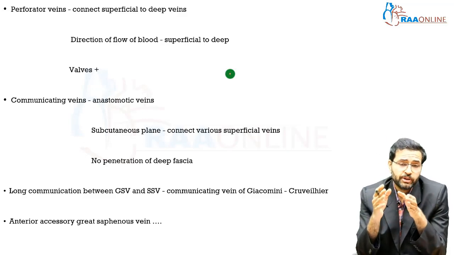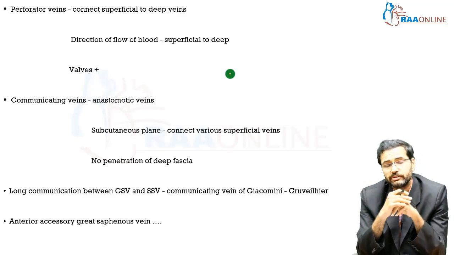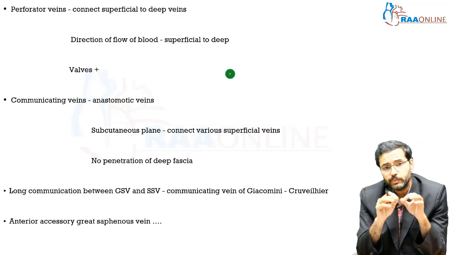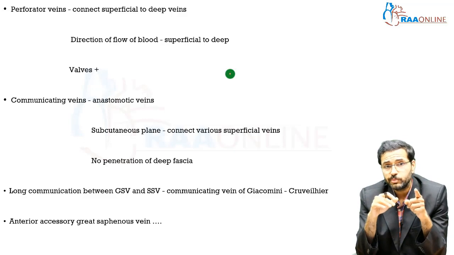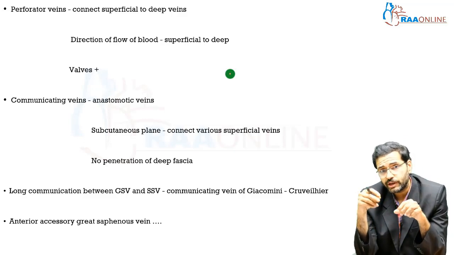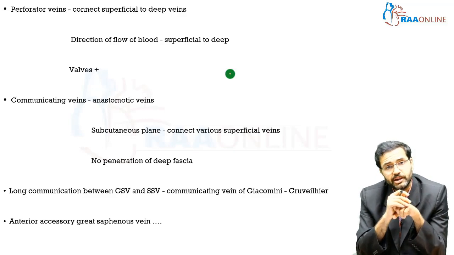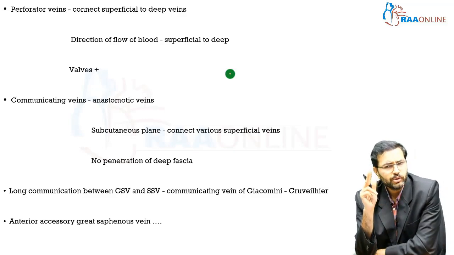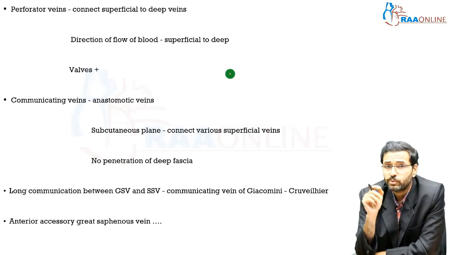Other than the perforator veins, you also have communicating veins, like I said earlier. These are anastomotic veins which connect to superficial veins. They are generally located within the subcutaneous plane. They do not penetrate the deep fascia, unlike the perforator veins, which penetrate the deep fascia to drain into the deep veins. There are two important named communicating veins which play a very important role as far as varicose veins are concerned.